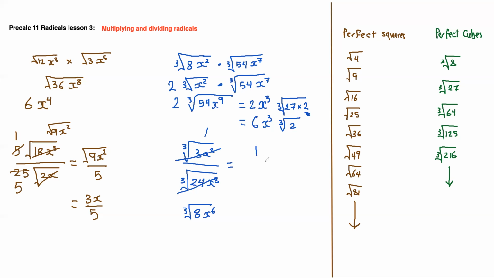So basically we have 1 over cube root 8x to the 6. This is a perfect cube right here, both the 8 and the x to the 6. So simply this will simplify, and the cube root of 8 is 2. Cube root of x to the 6 is x squared. So the final answer is 1 over 2x squared.